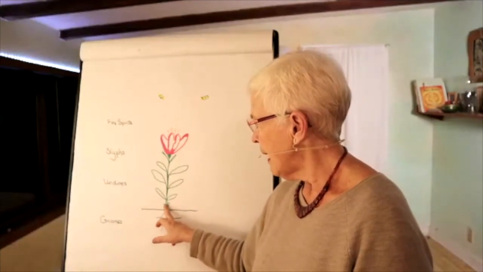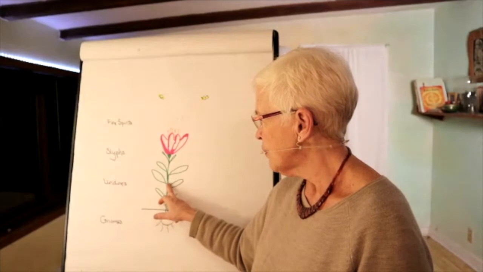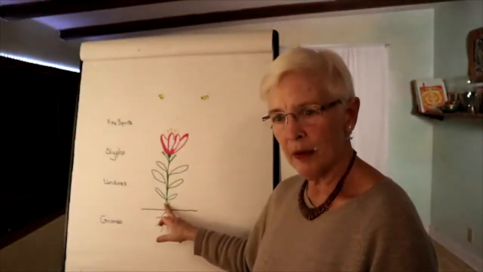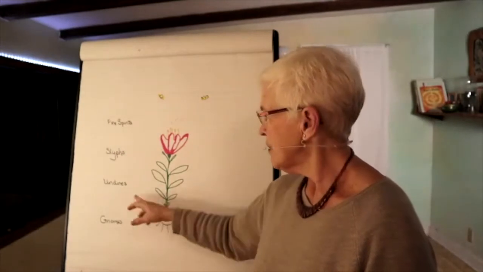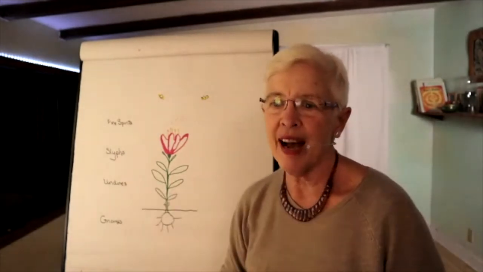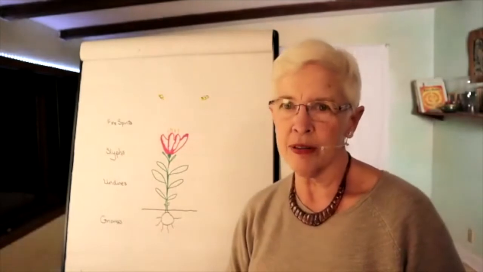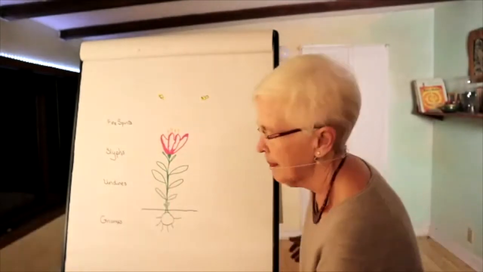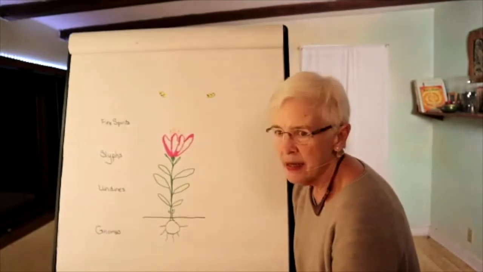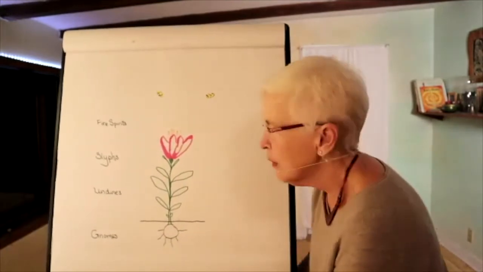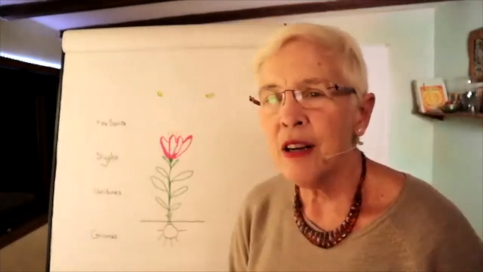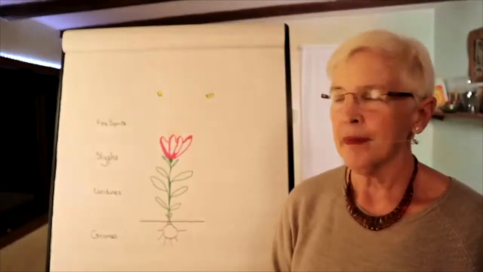And then when the plant begins to emerge from the earth, it leaves the realm of the gnomes, and it enters the realm of the spirits known as the Undines, or water spirits. I wrote that here, Undines. And the Undines are close to the soil. They're watery beings. They enjoy being in the plants.